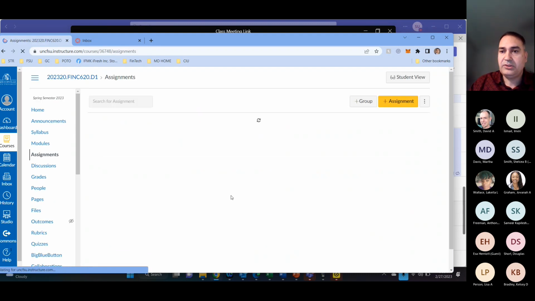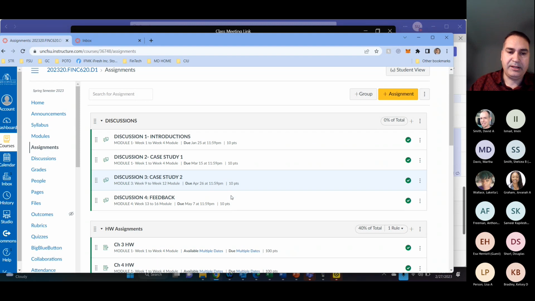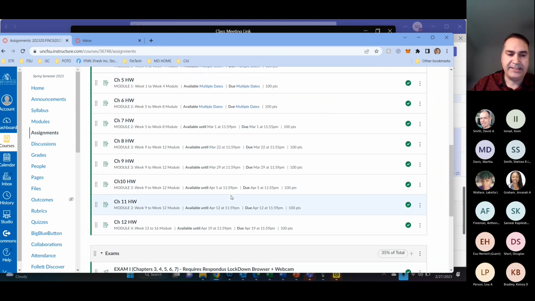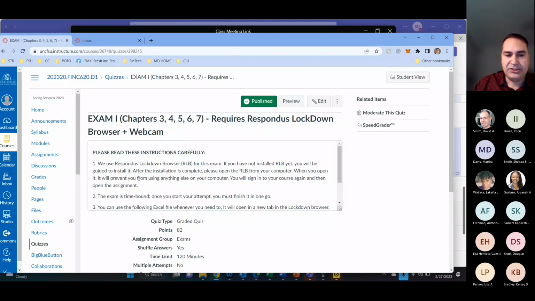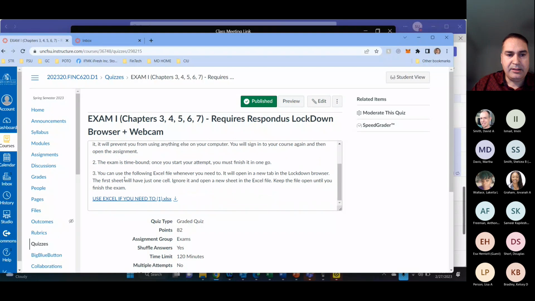When you go to start attempting your exam, because this is one of the most important exams, I have enabled lockdown browser on it. When I click on the exam, for example, right here, here are some instructions, and then there is the Excel file.